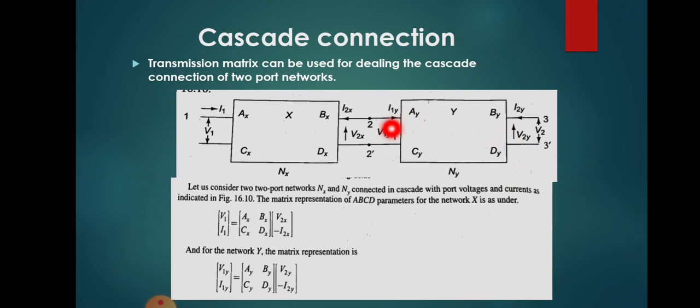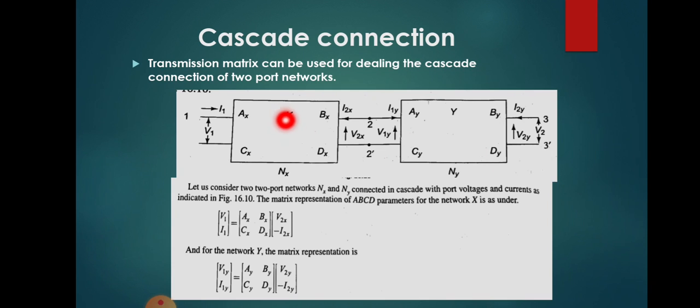The transmission parameters for NX are AX, BX, CX, DX. Similarly, for the network NY, we represent the transmission parameters as AY, BY, CY, and DY.